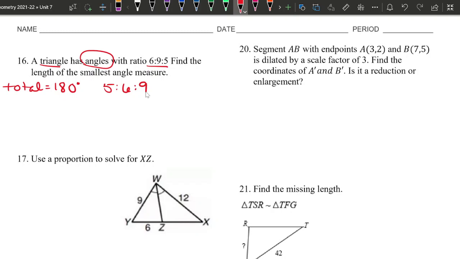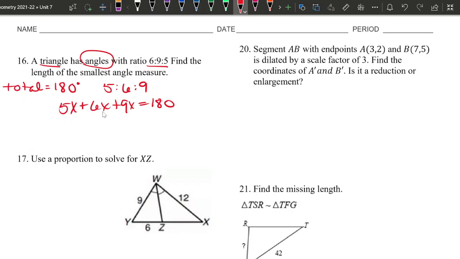And I can make an equation out of this. So I have something representing 3 angles, and I have a total of the angles. All I'm missing to solve is an x, so I'm going to give each one of these an x. 5x plus 6x plus 9x, and it equals 180.